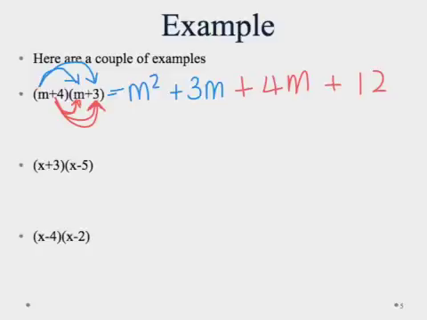Now we want to collect our like terms. Here are our like terms. In fact, they're the only like terms we've got. 3m plus 4m is 7m, plus 12.